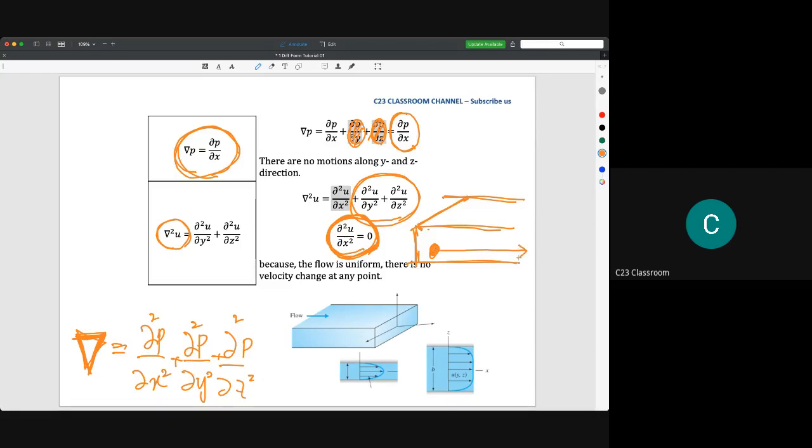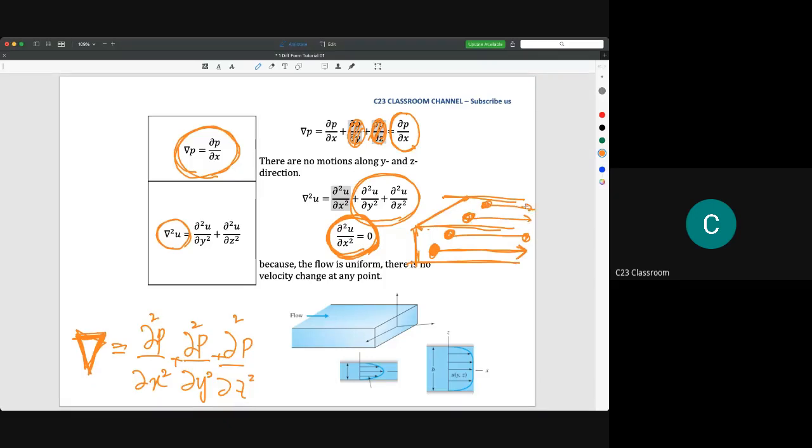But in very detailed motion, the molecule is moving like this, and then the molecule here is also moving here, and so on and so forth.